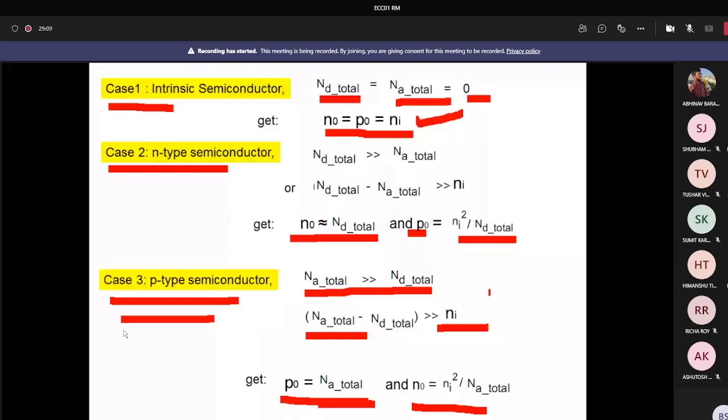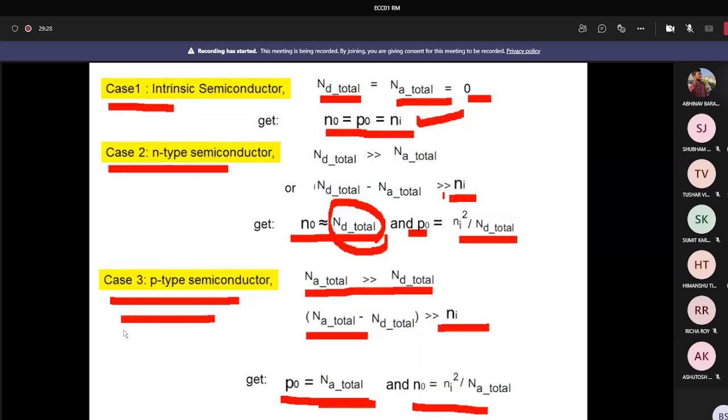How much you will dope is in your hands. It should obviously be greater than ni. Because for silicon you already have an intrinsic carrier concentration of 10^10 order. So to increase the carrier concentration, obviously you have to dope greater than this ni value.